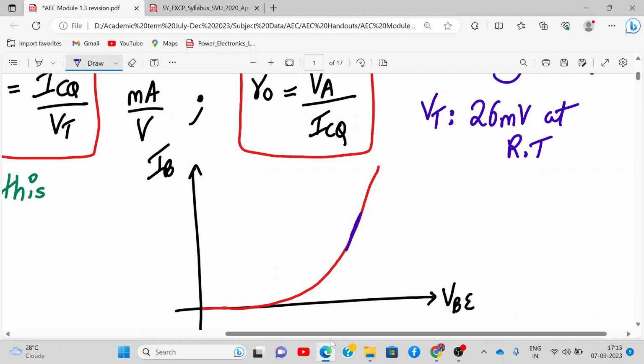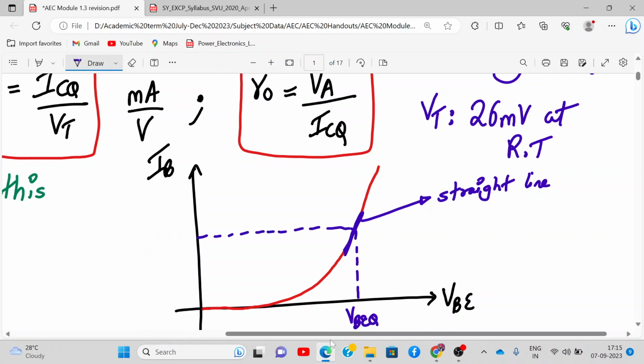So we consider this linear segment, this straight line, and in it we mark VBQ and IBQ, and accordingly we calculate ICQ also. ICQ will be beta times IBQ.